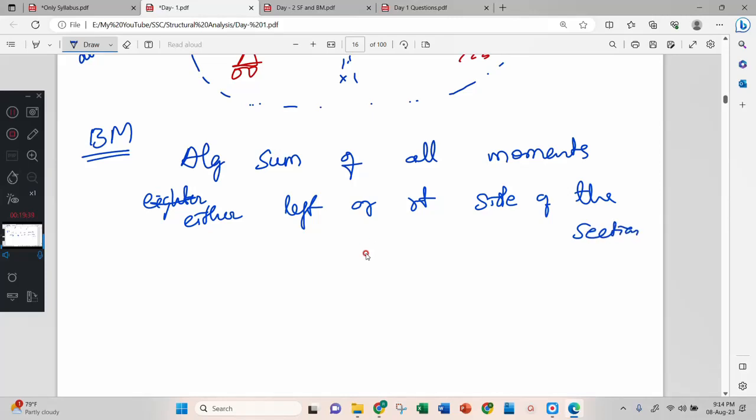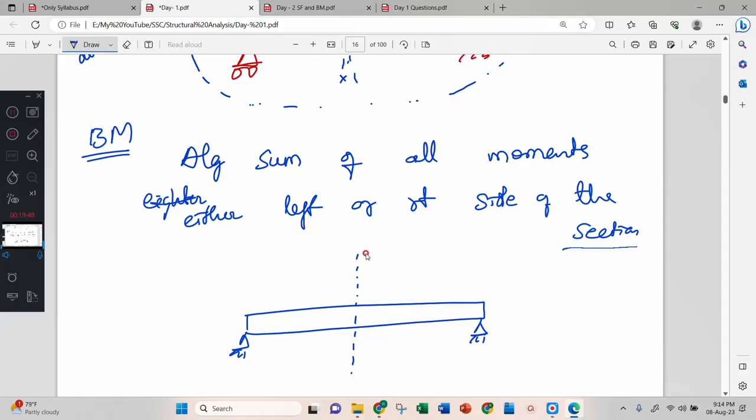Okay. Here also, if this is a beam, then you have to first mark the section as per the statement section. Then after that, you look at this side or this side, either this side or this side. Then all the moments either left side or right side of the section. Don't look at both sides.